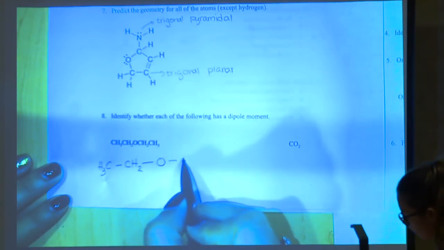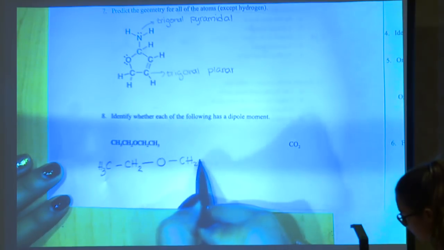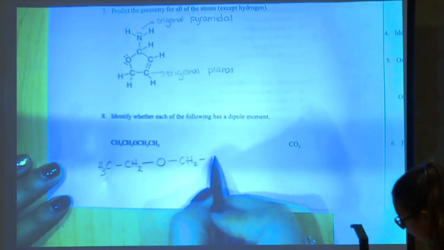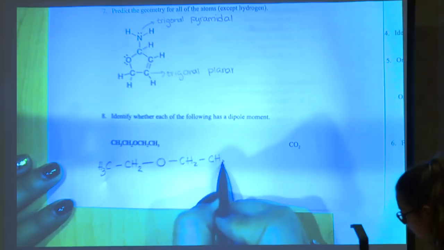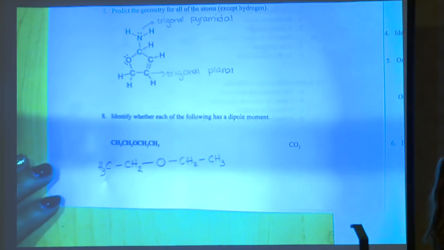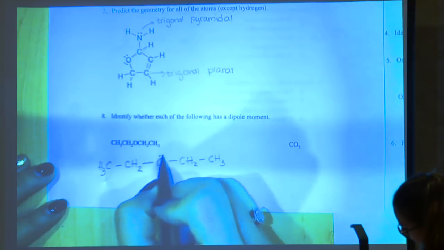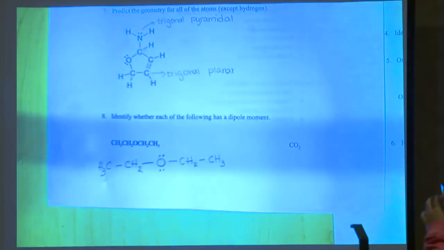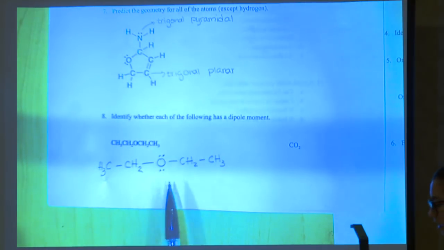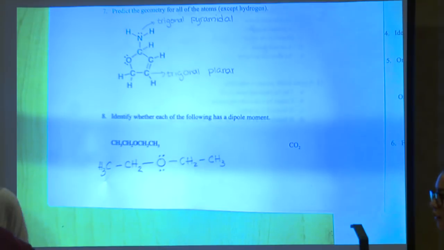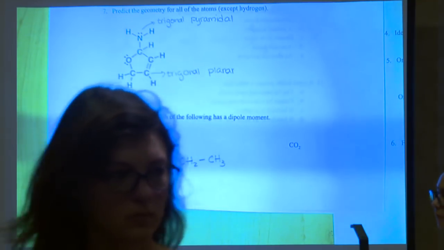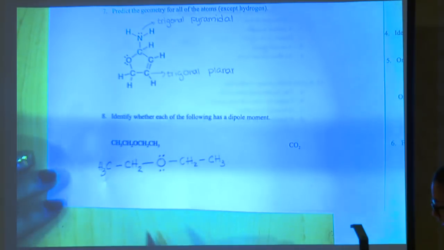And how do our lone pairs around that O look? What do they look like? On the oxygen, yeah. Good. So what do they do? Good. So they kind of even it out. So that'll be what? Geometry. Okay.